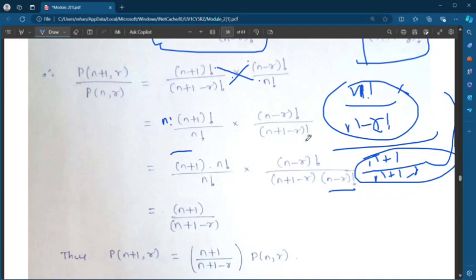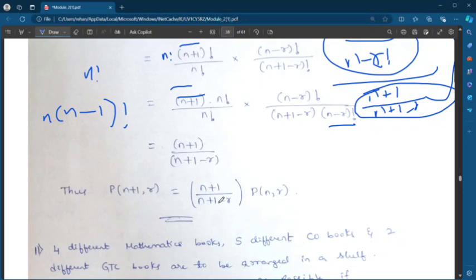Same way, n factorial is nothing but n into (n minus 1) factorial. So (n plus 1) factorial is (n plus 1) into (n plus 1 minus 1) factorial, that is nothing but n factorial. Same way, (n plus 1 minus r) is this into (n plus 1 minus r minus 1) factorial; plus 1 minus 1 cancel, only n minus r is remaining.